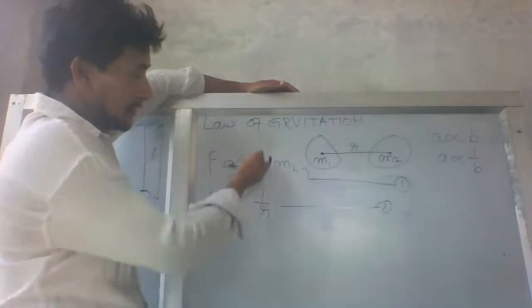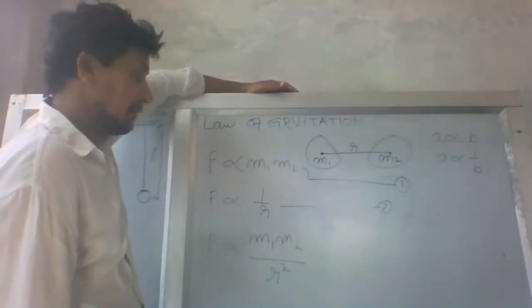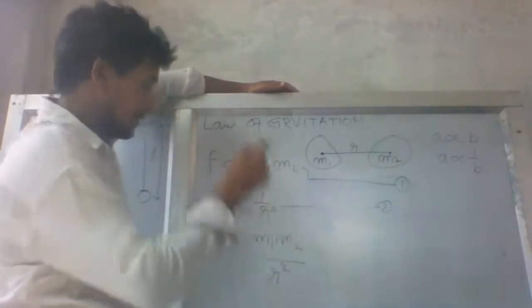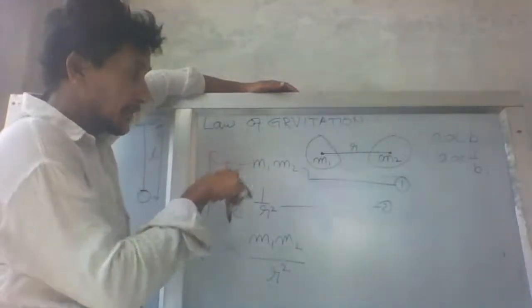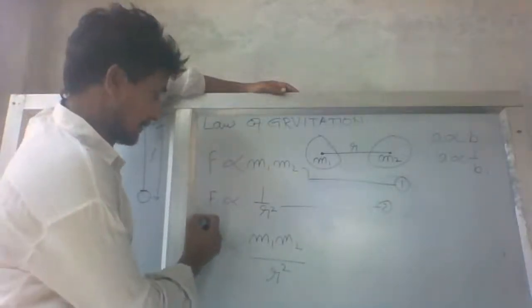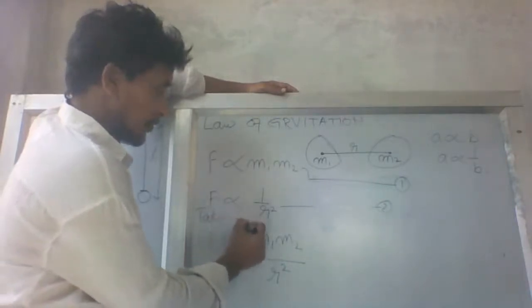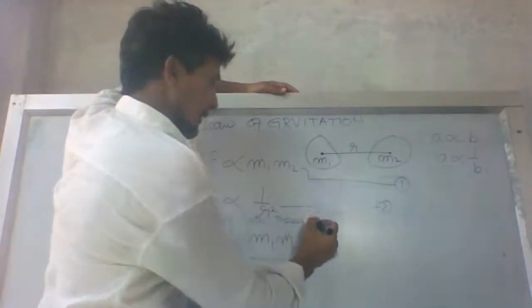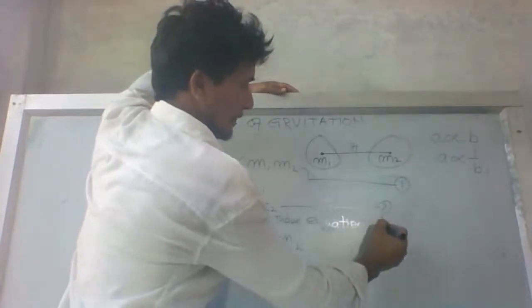If you multiply this side with this side, got it? What is the relation between these two? F is inversely proportional to r square. Taking both the equations together, we will write it here.